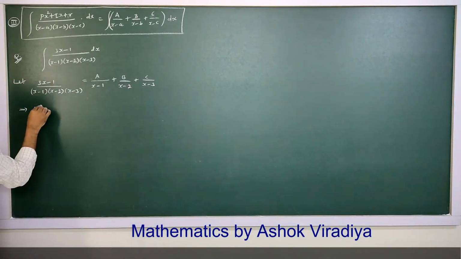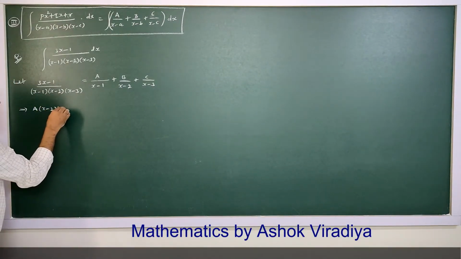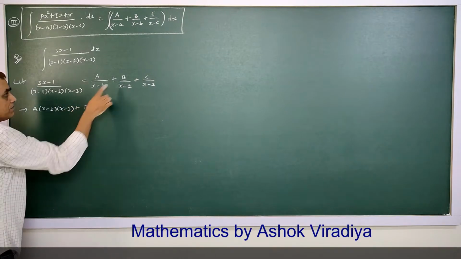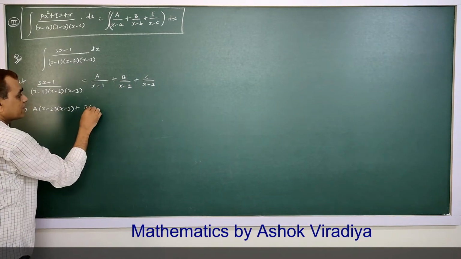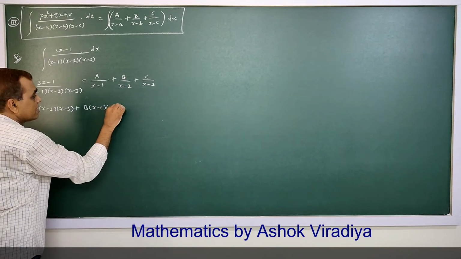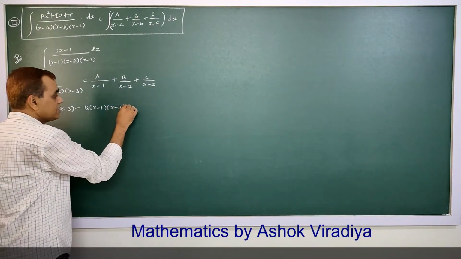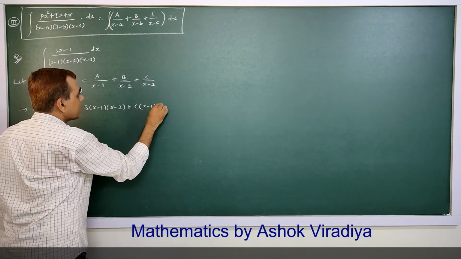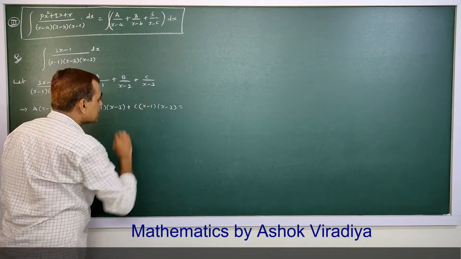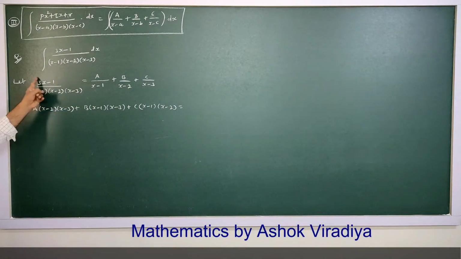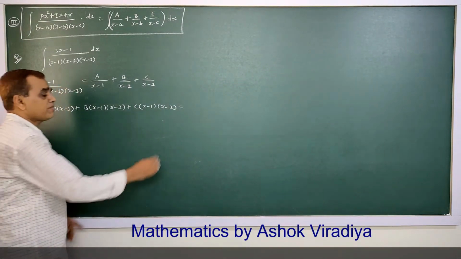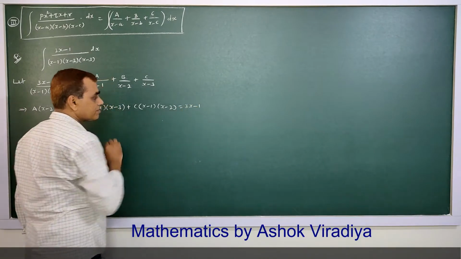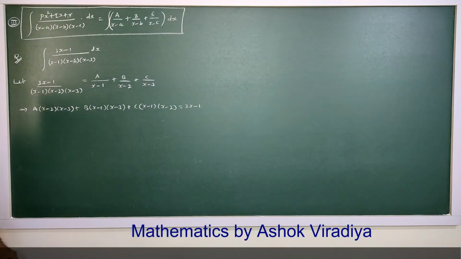So a is multiplied with (x minus 2)(x minus 3). b will be multiplied with these two factors, (x minus 1)(x minus 3). c will be multiplied with (x minus 1)(x minus 2). It is equal to, keep the numerator, 3x minus 1. So we get an expression free from denominator.